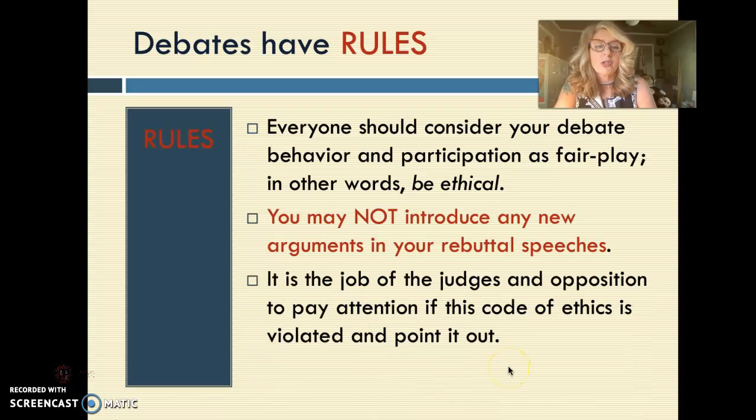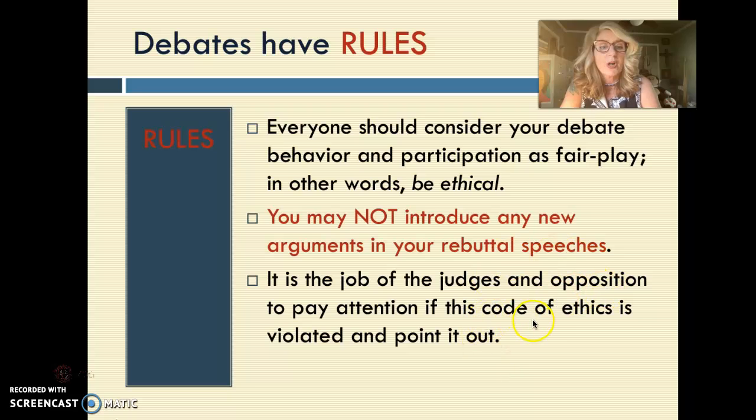And then it is the job of the judges and the opposition to pay attention if this code of ethics is violated and point it out. So it's your job to pay attention to what's happening, how the other side is acting. If they've introduced other material, or if they're being unethical in any way, it's your job to notice, because the person doing it probably isn't even aware that they're doing it.